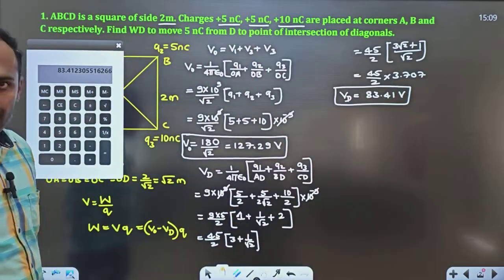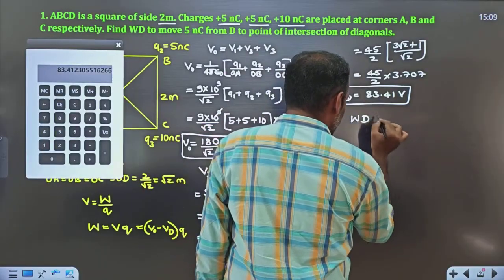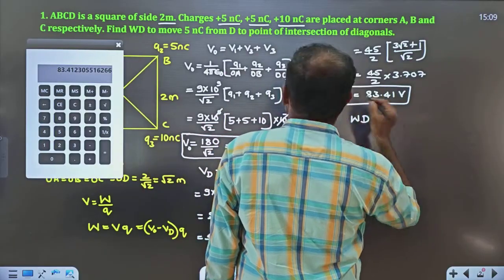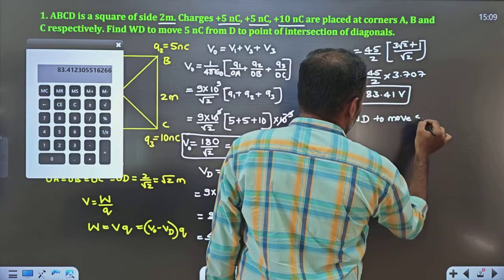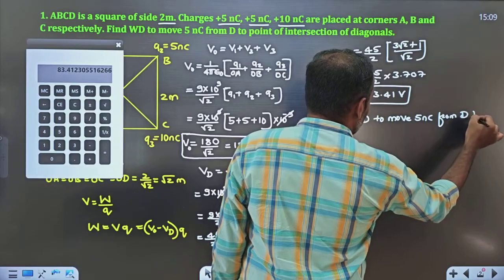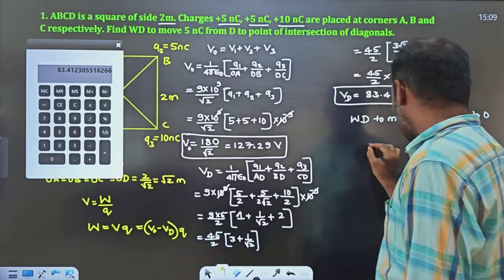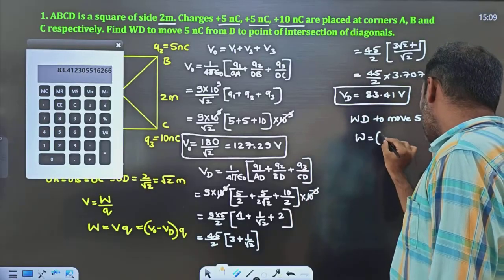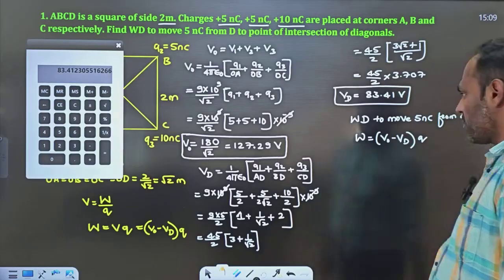Next we want to calculate work done. So here I will write, work done to move the charge 5 nanocoulomb from D to O. Correct? So work done is equal to potential at O minus potential at D, into the charge which we are moving.